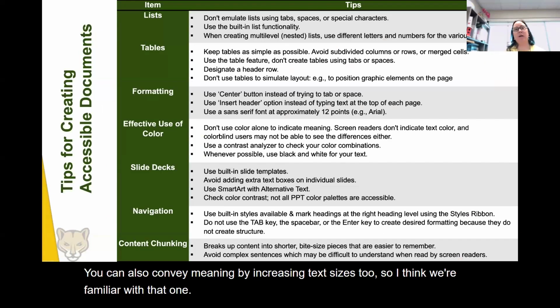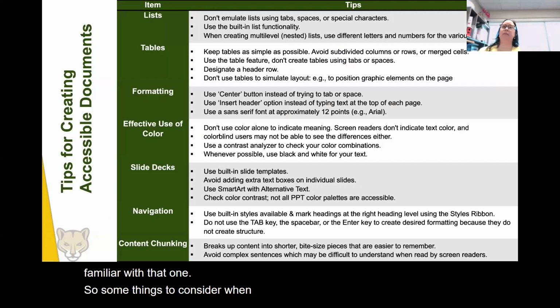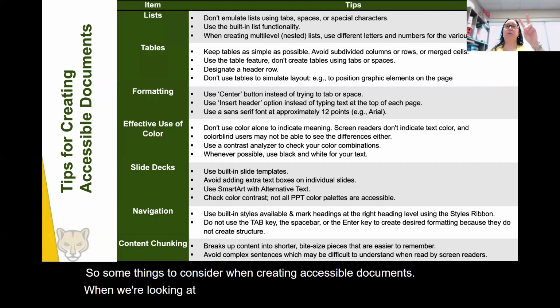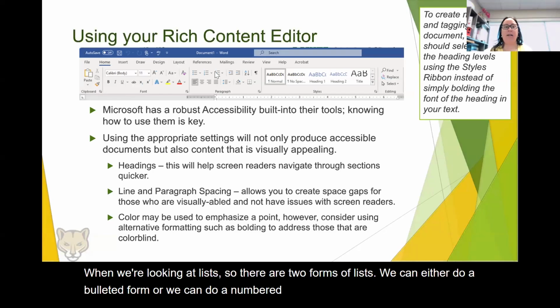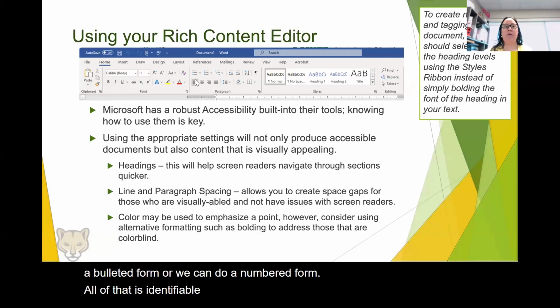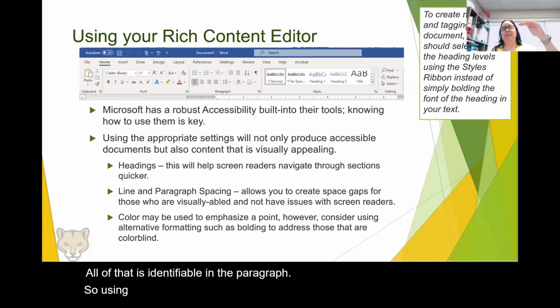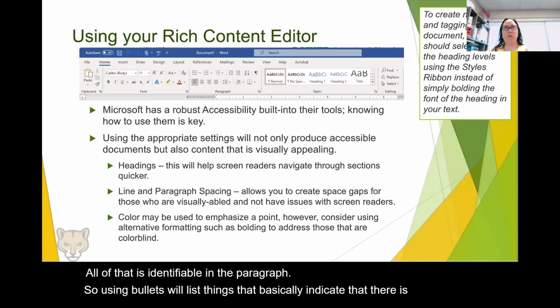So some things to consider when creating accessible documents. When we're looking at lists, there are two forms of lists. We can either do a bulleted form or we can do a numbered form. All of that is identifiable in the paragraph. Using bullets indicates that there is no order of importance.